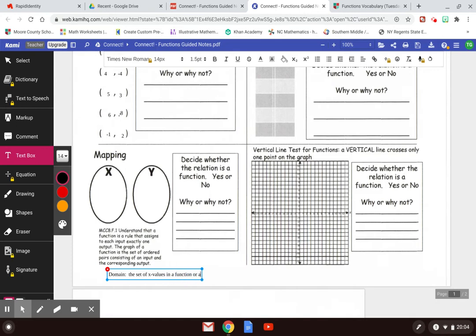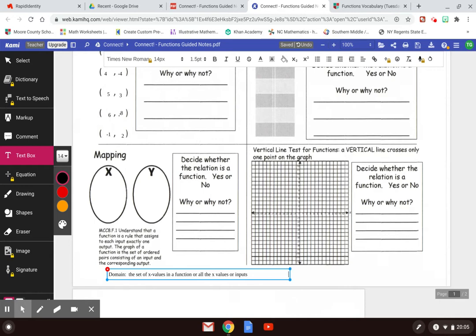Or just simply put, all the x values or inputs. All right, so that's what your domain of the function is. It's the set of x values, or basically all the x values or inputs of the function. So that's what we have as the domain.